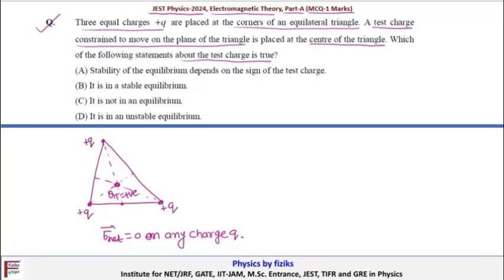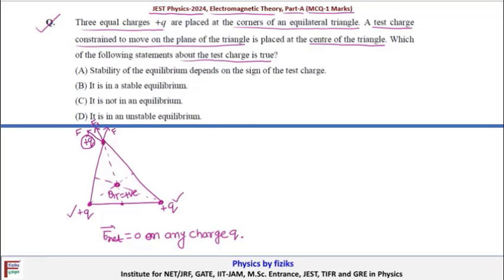So let's check on this particular charge what will be the net force. So if we consider these two charges, the direction of force will be in this direction, and let's assume the magnitude of force will be F, and their resultant force will be along this line. So let's see the resultant of these two forces, I am taking it as F1.